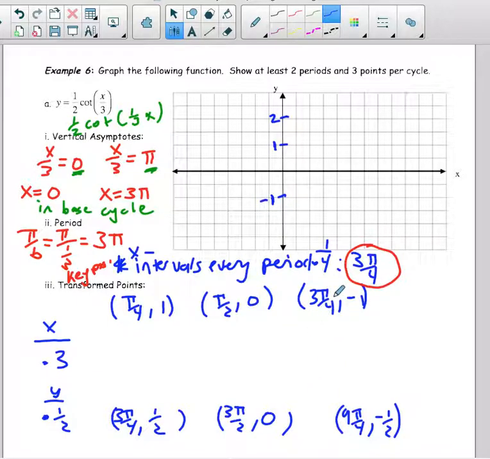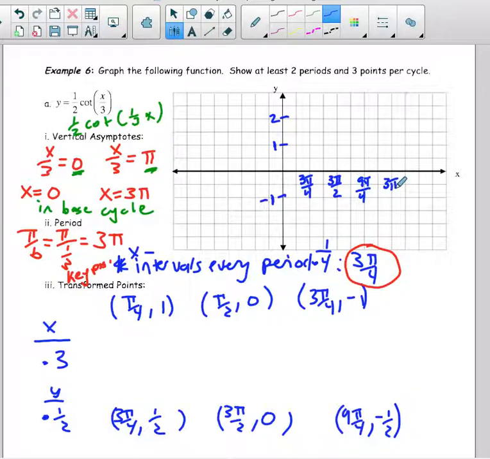So I'm going to let 2 squares be 3 pi over 4. So this is going to be 3 pi over 4. 2 times 3 pi over 4 is 6 pi over 4. I'm going to simplify that to 3 pi over 2. 3 times 3 pi over 4 is 9 pi over 4. So my next spot is going to be 9 pi over 4. And then the next one, 3 pi over 4 times 4 is 3 pi.